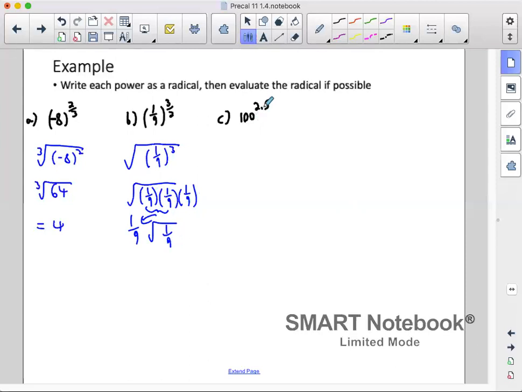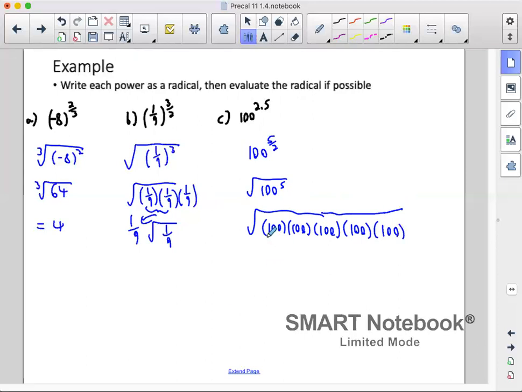Now we have 100 to the power of 2.5. Whenever we have a decimal, we want to change it to a fraction. So we have 100 to the power of 5 over 2. So that'd be the square root of 100 to the power of 5. We can do a similar thing to what we did here because we know that this is the same as 100 times 100 times 100 times 100 times 100.